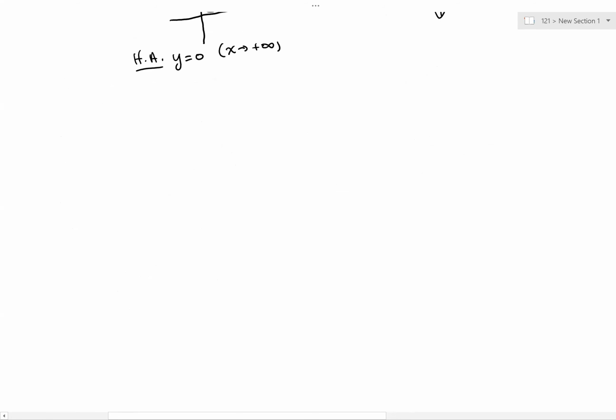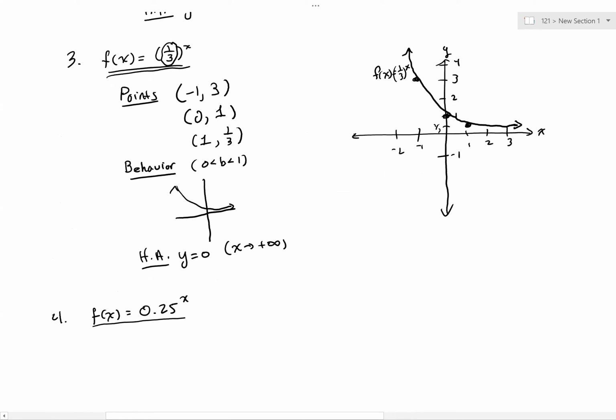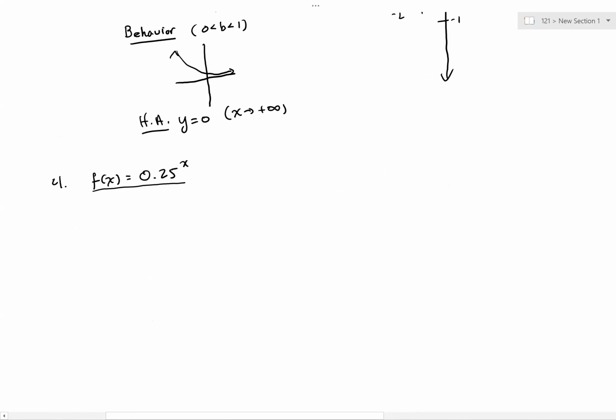Number 4, we have f of x is equal to 0.25 to the power x. Since the base is also between 0 and 1, it'll look pretty similar to number 3. So the points that we're going to use are -1, 1 over the base. Now, it might be helpful if you know how to convert decimals to fractions.